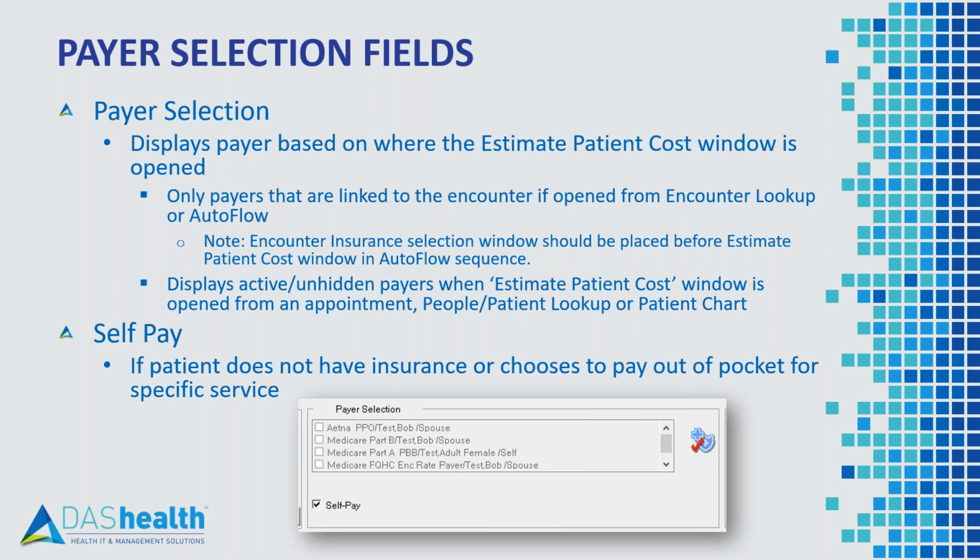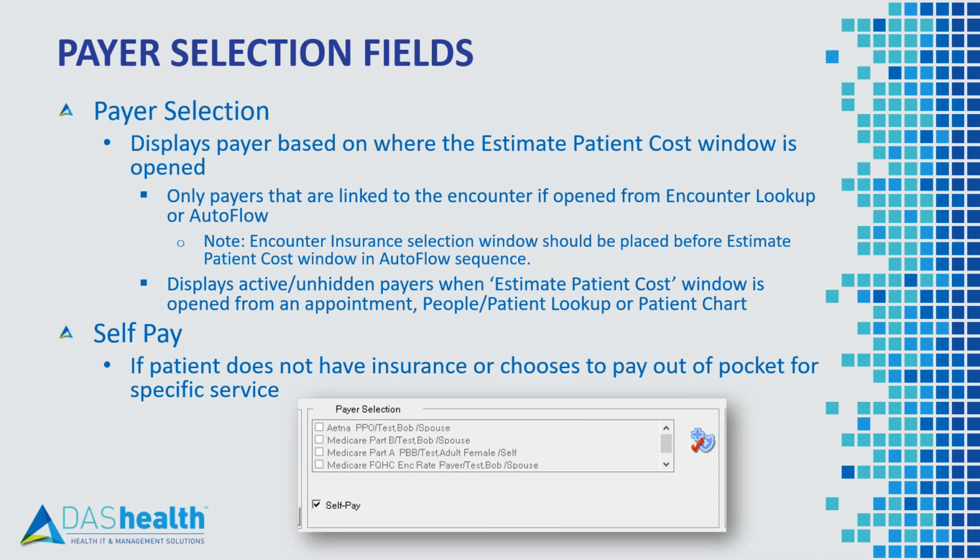So for example, if I open this window from an encounter, so like I use my encounter lookup, or it's from an appointment, so there's an encounter associated, like during autoflow, for example, it's only going to show me payers that are linked to that encounter. So the thought process is, those are the payers that were deemed to be used for this particular visit or appointment or whatever it may be. So that is what you'll see in the list.